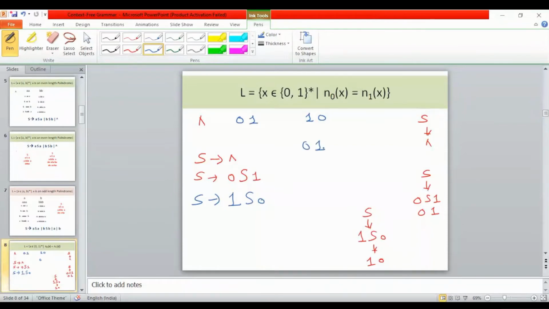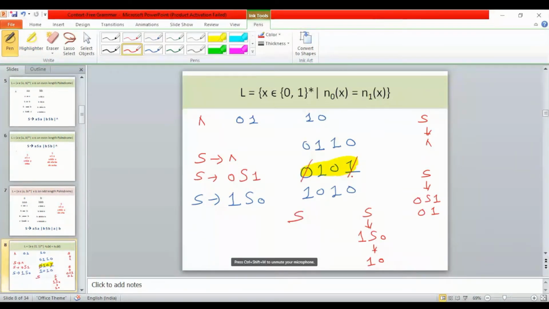We want to generate this pattern 0110. So let us check whether we can generate this pattern, or let us check for this. Now if I try to generate this pattern, let us first focus on 0101. To achieve this goal, we'll start with S. Now we want 0 and 1.